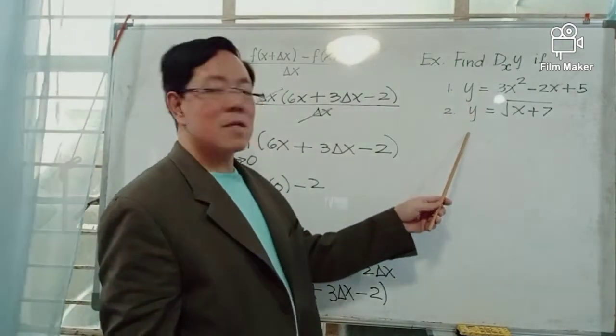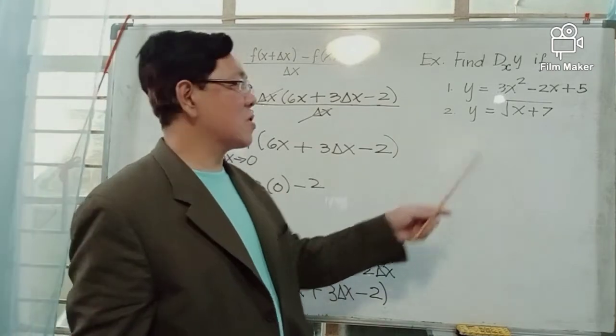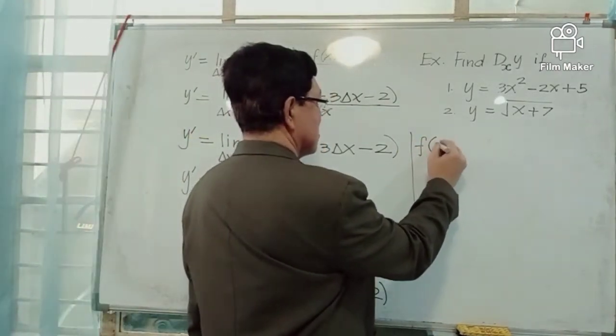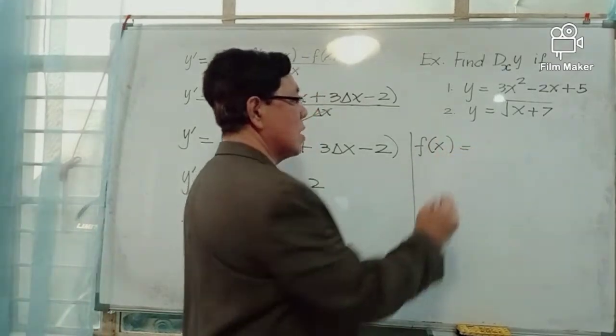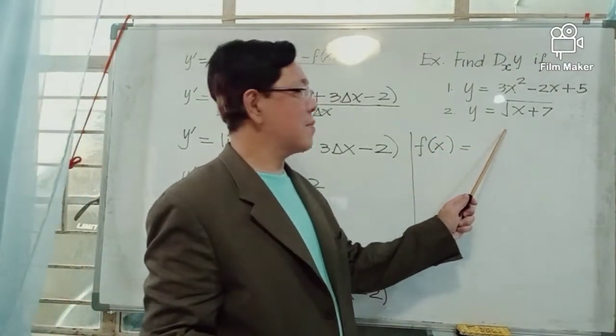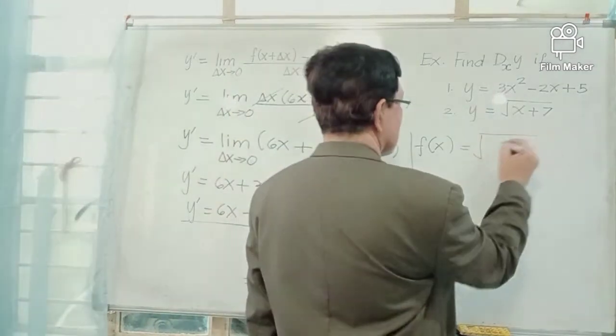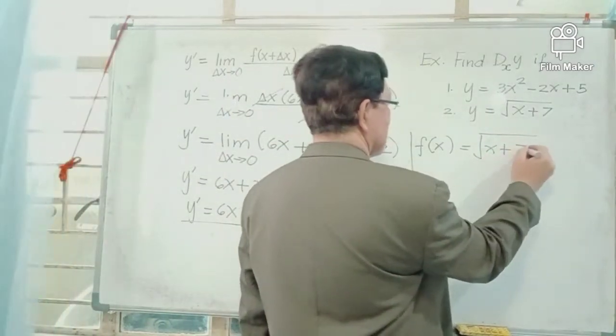In the second example, our function now is a radical function equal to the square root of x plus 7.